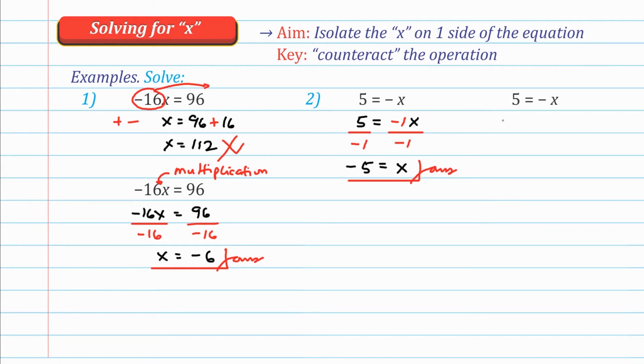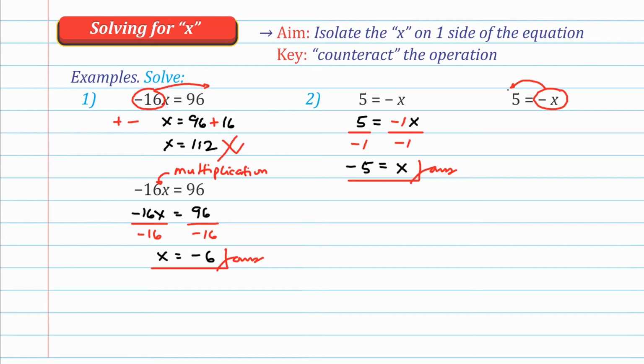Let's have another way of solving the same problem in number 2. Now, our aim is to remove this negative sign here. Take note, paano na nga matatanggal ang isang negative sign? We can think of transposition, correct? Because if we transpose negative x to the other side, this negative will now become positive, which is our aim.